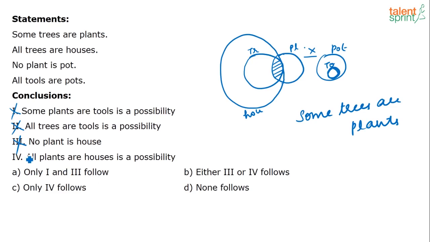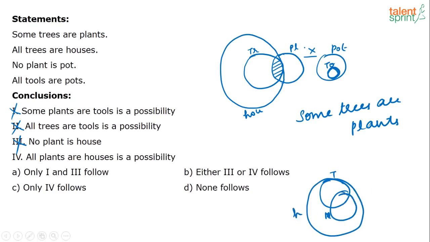So, next one. All plants are houses is a possibility. So, all plants being houses is a possibility. Yes, see, if I redraw this diagram like this, all plants are houses is a possibility, correct? So, this is trees, this is plants, and houses can be like this, right?